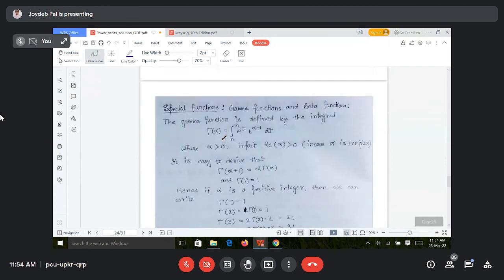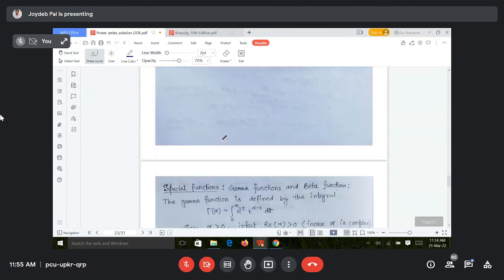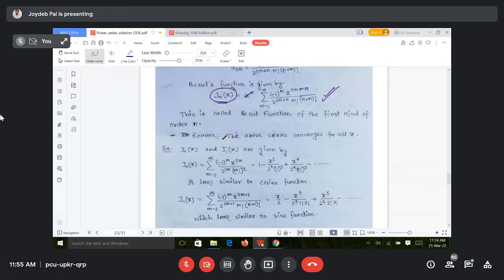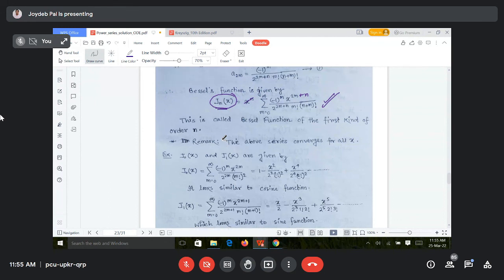Do you get it? What is Jn(x)? Jn(x) is the notation for the Bessel function, and it is an infinite series, which is nothing but a solution of Bessel's equation.